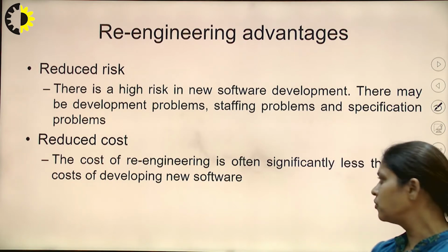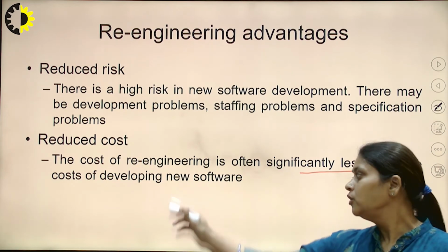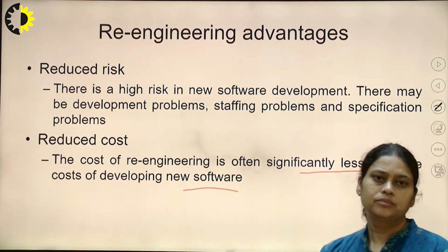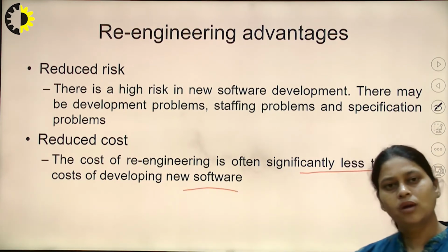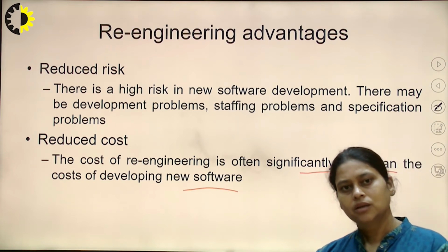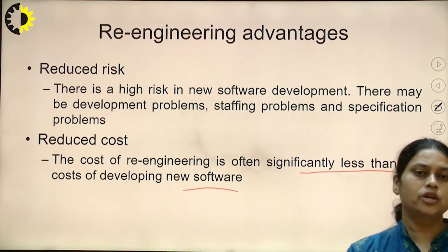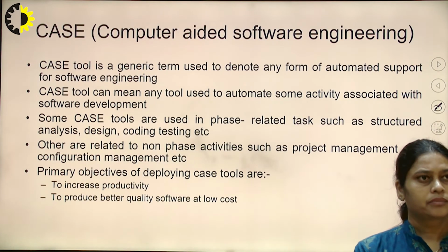The cost of re-engineering is often significantly less than the cost of new software development. If we compare the cost of development with the cost of re-engineering, it may decrease compared to the new software development cost.